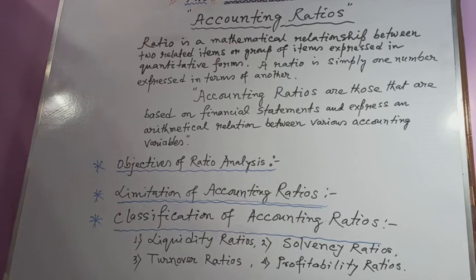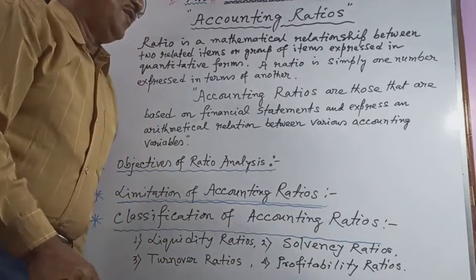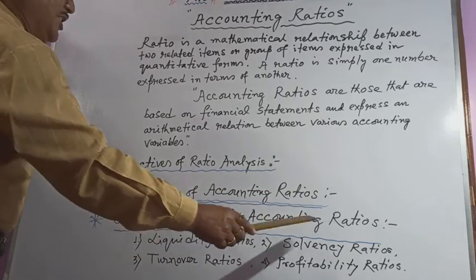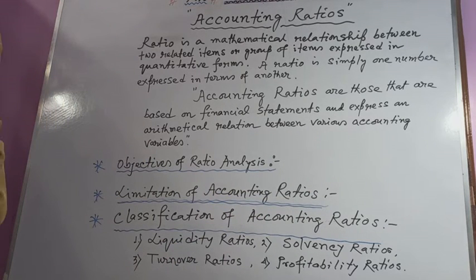Now next again, classification of ratio analysis according to our CBSE Class 12 syllabus. The classification of ratios may be divided into 4. First, the liquidity ratio. Number 2, solvency ratio. Number 3, turnover ratio. And number 4, profitability ratio.